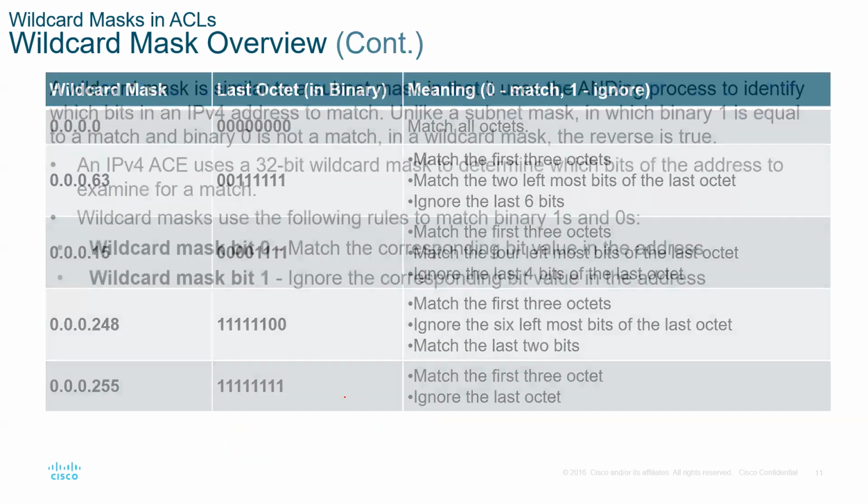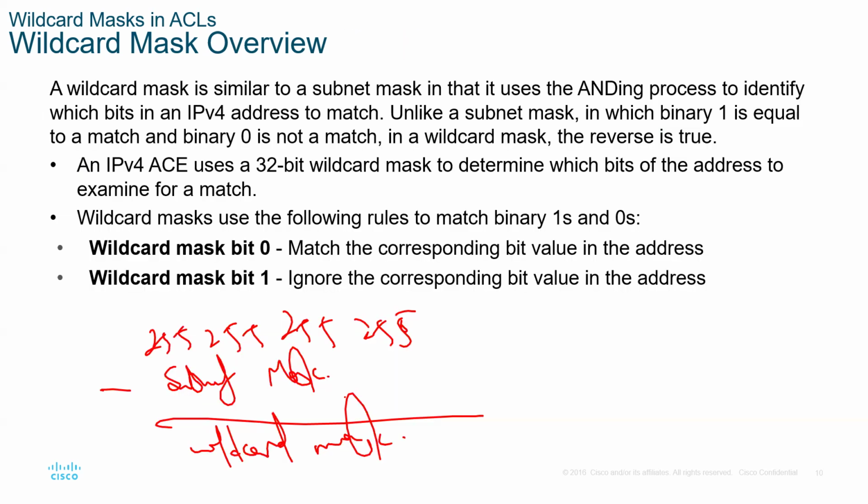We're going to have examples after. If a bit in the wildcard mask is 0, then it basically means match. I think it's a bit opposite in a subnet mask, but with this one, a 0 is actually a match.